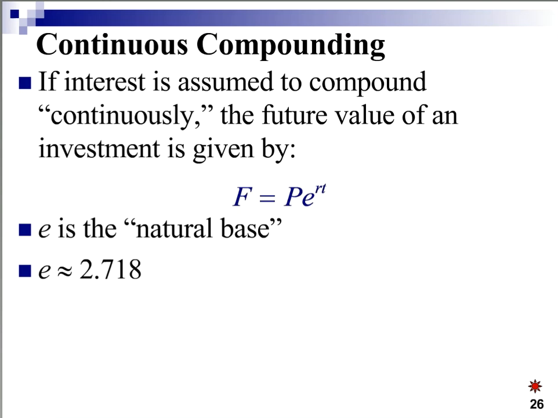So the formula then changes, and you end up with, again, still capital F on the left and capital P on the right, so that's still future and present value. Little r and little t still represent what you think they would: rate, interest rate per year, and total number of time in years.